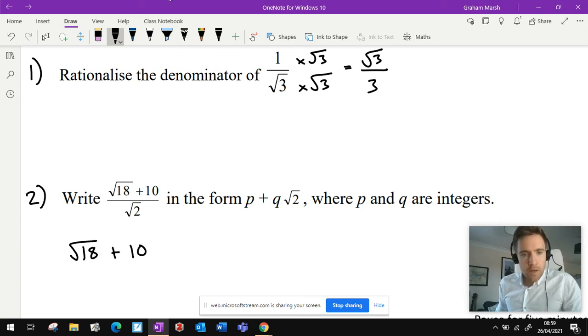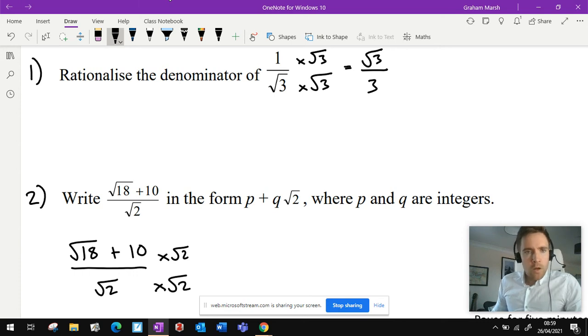But we're going to multiply the top and the bottom by the root 2 that is currently in the denominator. Now in this case, when we multiply the top by root 2, we have to remember that there's really a bracket around there. So when we do this, it's like expanding a bracket with root 2 multiplying both the 10 and the root 18.